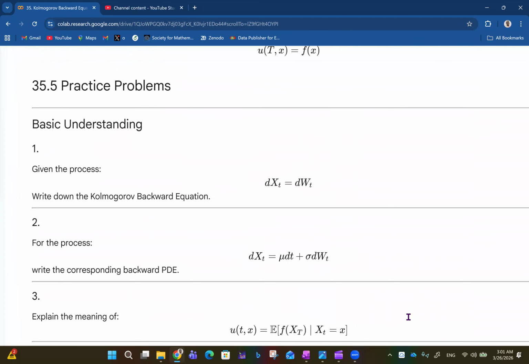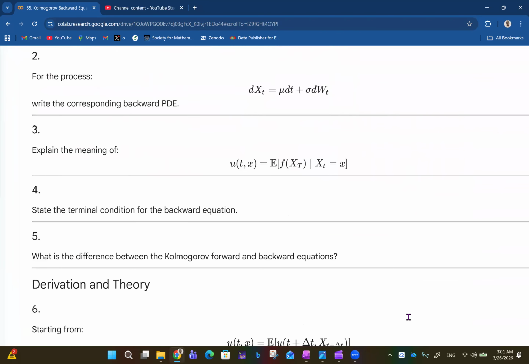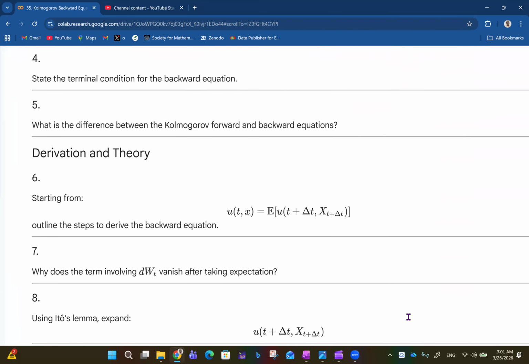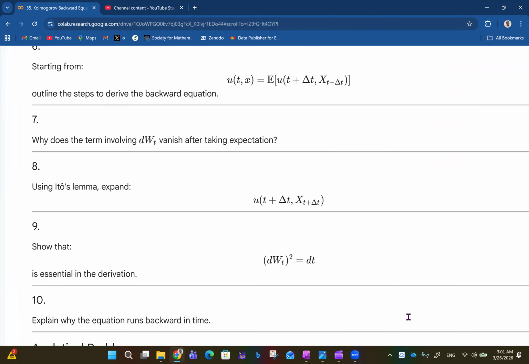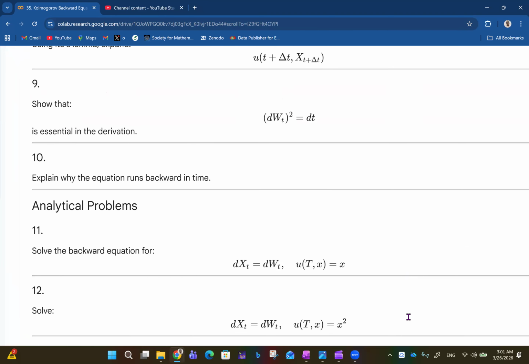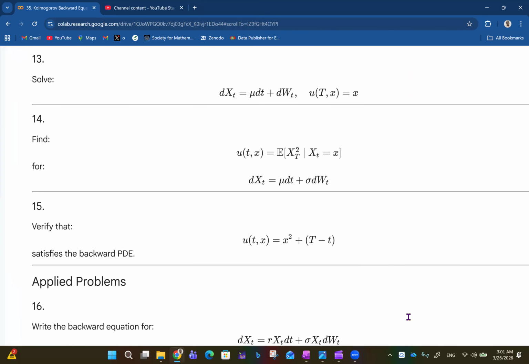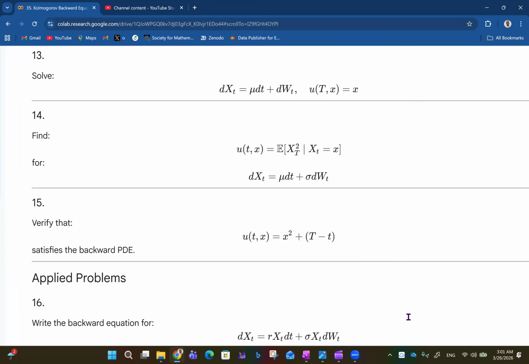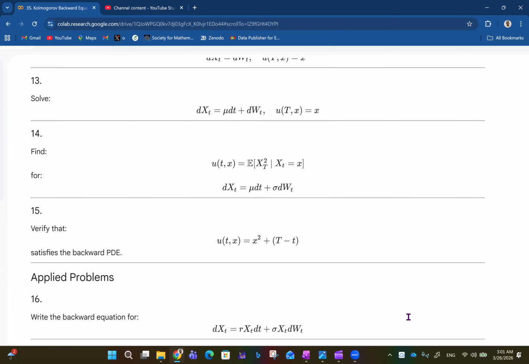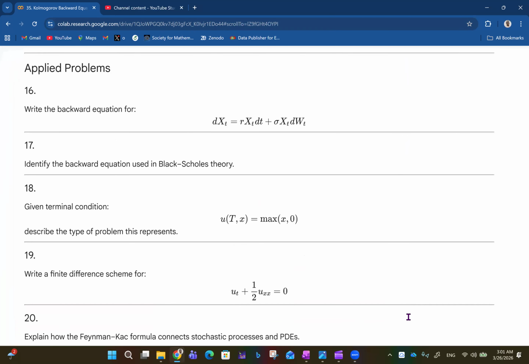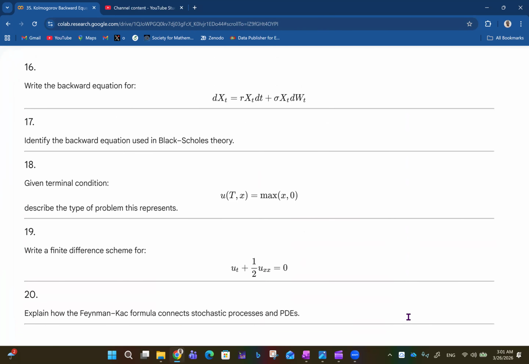Here you have questions 1 to 3, then 4 to 8, then 9 to 12, then 13 to 16, then 17 to 20. So let me know how helpful it is and all that.